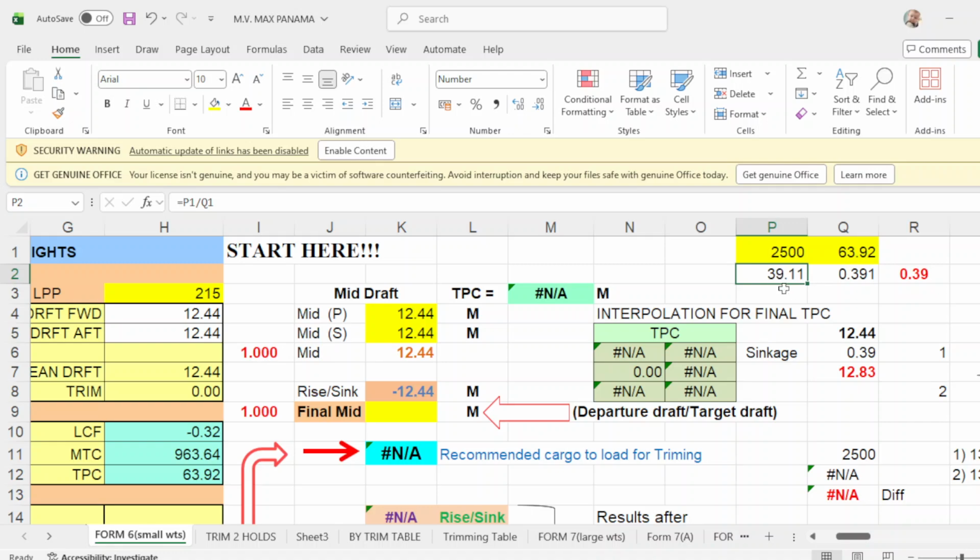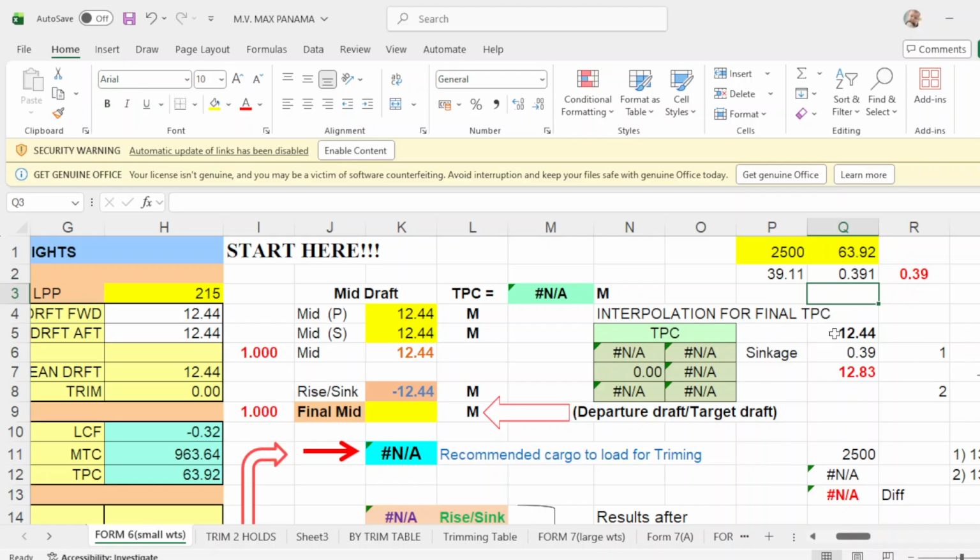So what I do is I put equals this 2,500, you divide it with your TPC or initial TPC, that will be 39 centimeters. So 39 centimeters, you divide it by 100, so that it will be converted into meters, okay? So that will be 0.39 meters.